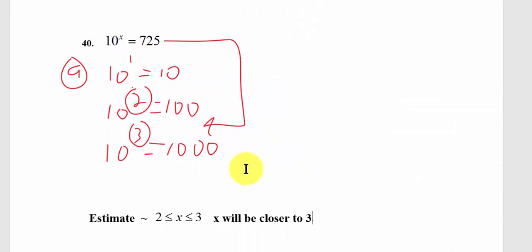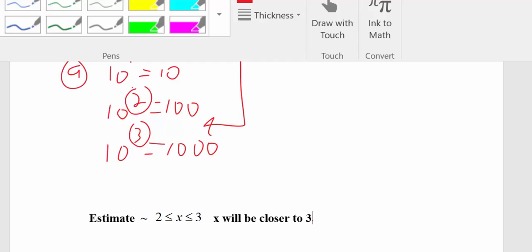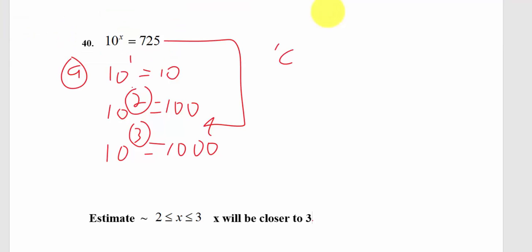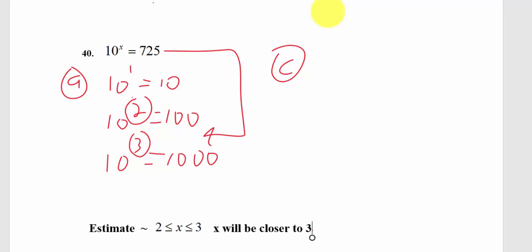Our last way would be by using logs, so we'll call that part C. Part B was the graphing, part A was estimate. Again, the base of my exponent is the 10. So I have log base 10 of 725 equals x.